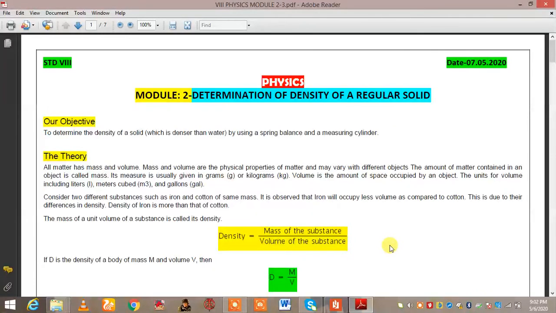We must have seen the measuring cylinder, measuring beaker, eureka can, and all these vessels have different capacities. Some of them are 50 ml, 100 ml, 200 ml, 250 ml, 500 ml, 1 liter, etc. So, these are the vessels through which we measure the volume of liquid.